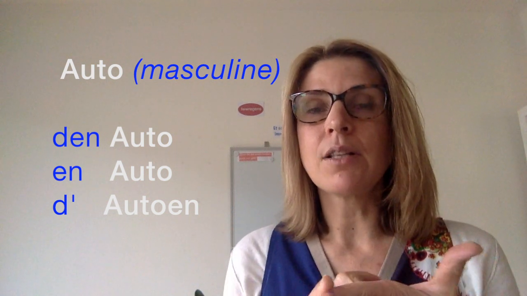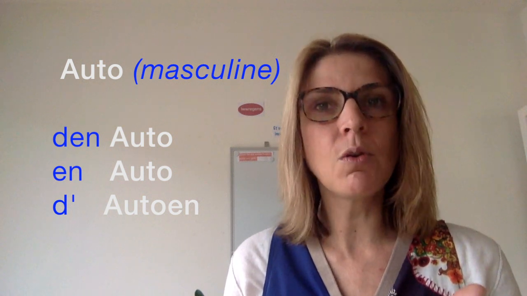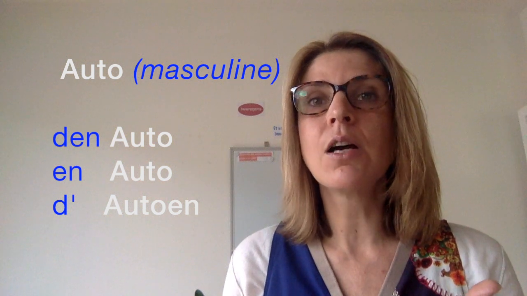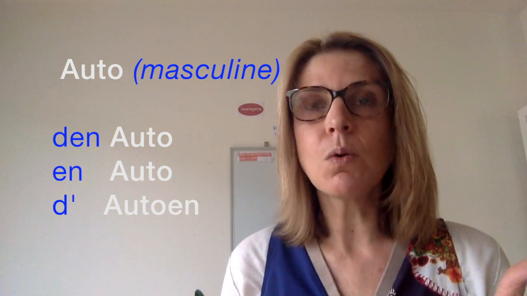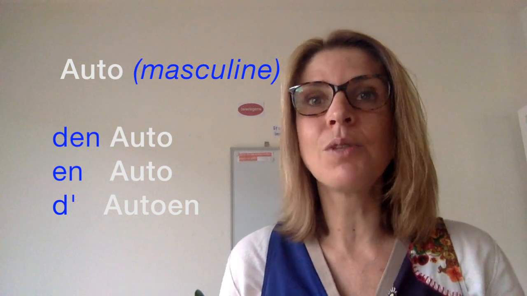And the indefinite article is so an auto, and learn it even better with the article of the plural form tautoen, okay, the cars. And then you write this down. You don't just learn it like this, write it down, okay, so that you memorize it better.